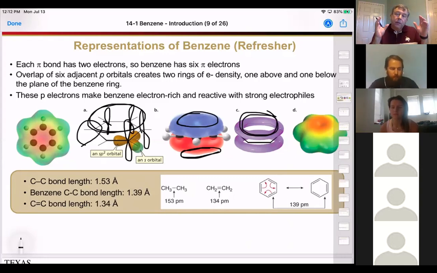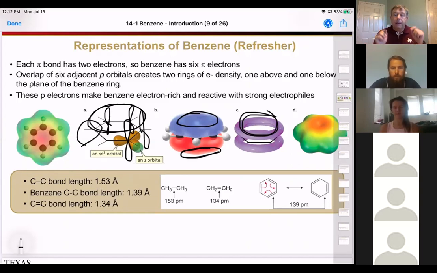Okay, so we have this sp2 hybridized carbon, and we have confidence that our hybrid structure is correct, because when we look at the bond lengths in a benzene ring, we see that, number one, no matter how cold we make this ring, the bond lengths are all the same. All the carbons have exactly the same carbon-carbon bond length.